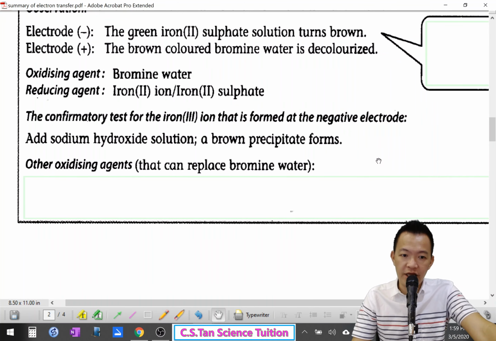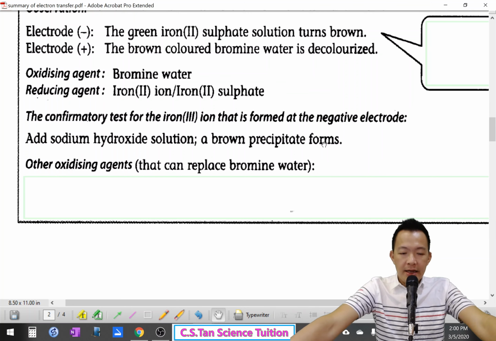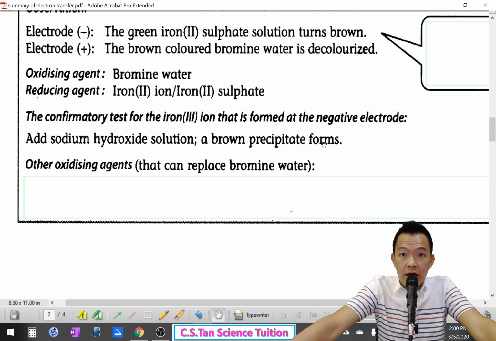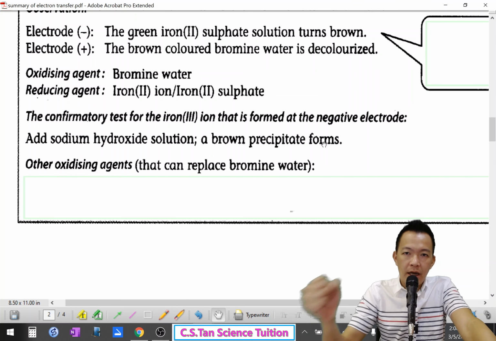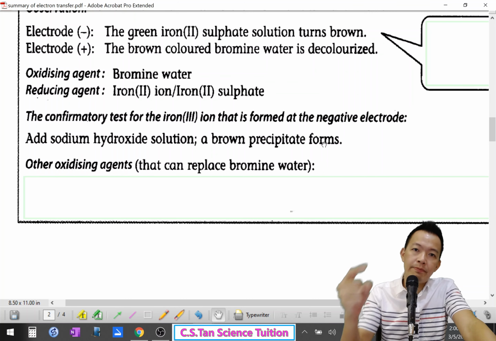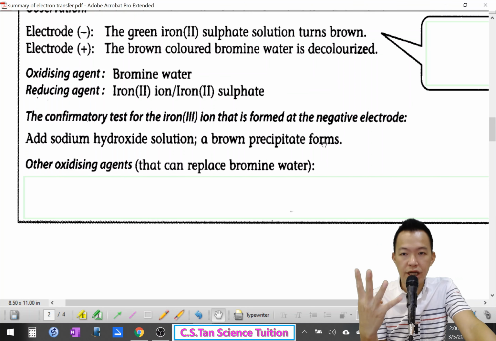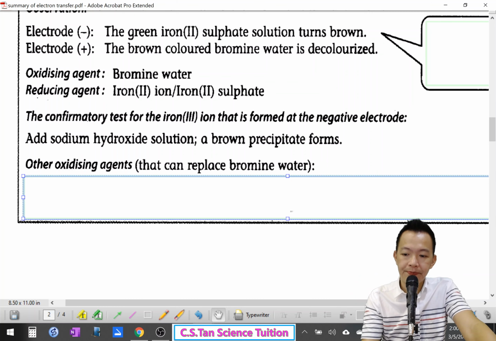If they give more marks, you write longer. But for me, whether more or fewer marks, my answer is always long. Okay. So besides bromine water, any oxidizing agent that can change iron 2 to become iron 3, this is your memory. Chlorine, right? Or other very good oxidizing agents, always a good oxidizing agent. Okay, potassium manganate, potassium dichromate, and chlorine also can. That's all.